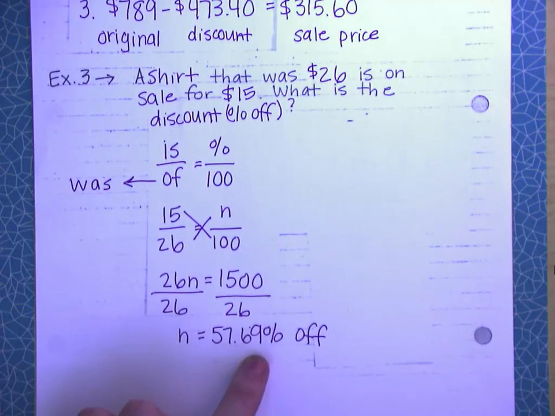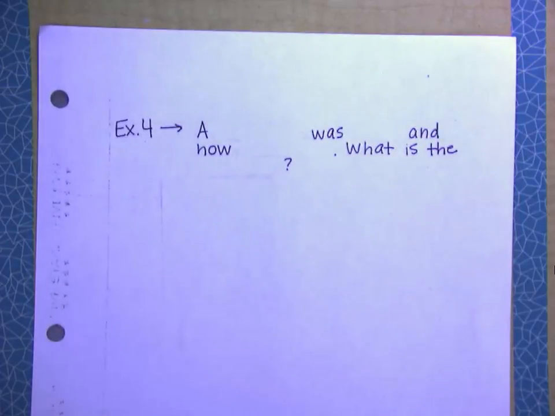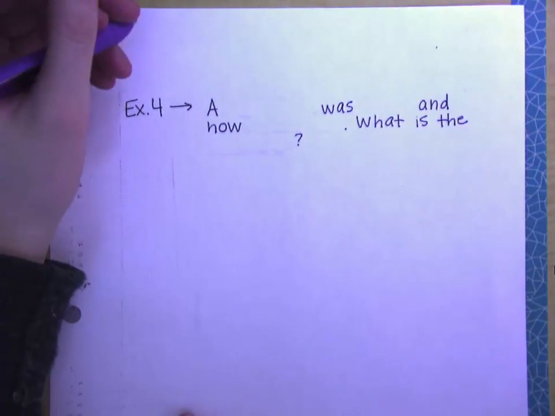Okay? So let's look at one more example, and this is one that I didn't get to in class. So even if you were here and you wanted a little bit of a refresher, this will be good for you just to see one more example. And this is going to be another example where we're trying to solve for the discount.